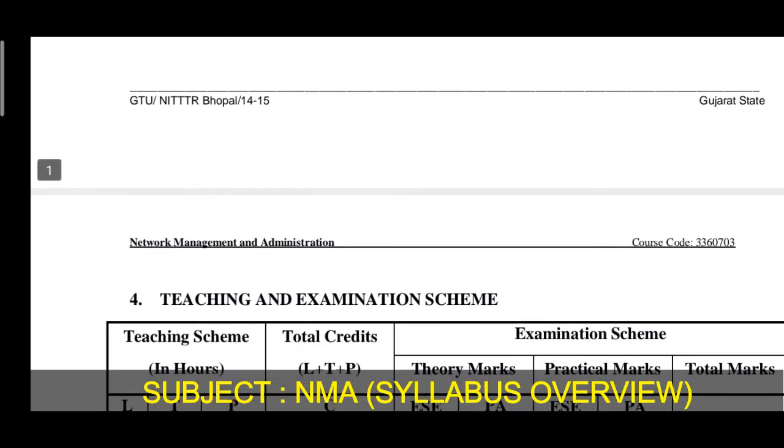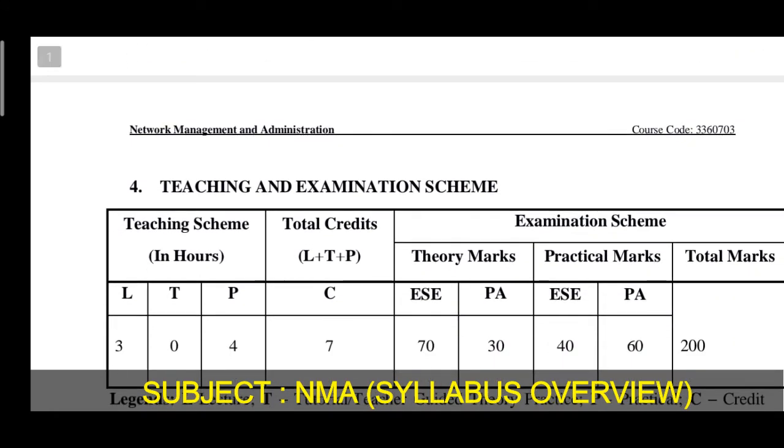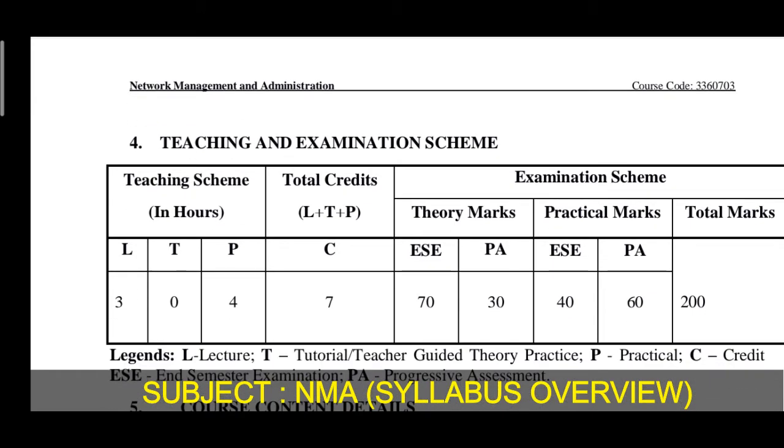Here the teaching and examination scheme for NMA: in the teaching scheme, L stands for lectures, theory based, T is the tutorial, teacher guided theory practice, and P stands for practical.